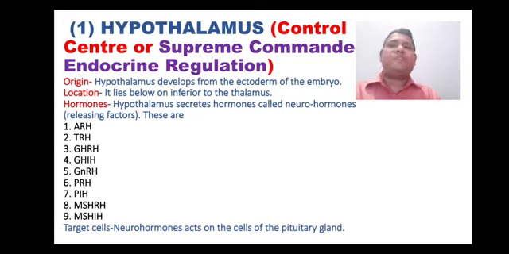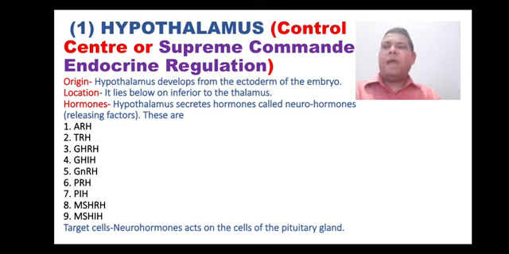It stimulates the anterior lobe of the pituitary gland to secrete prolactin. Number 7, PIH, prolactin inhibitory hormone. It inhibits the secretion of prolactin from the anterior lobe of the pituitary gland.